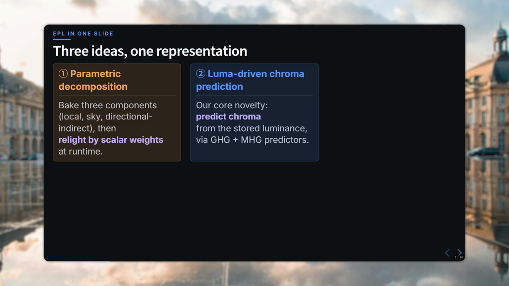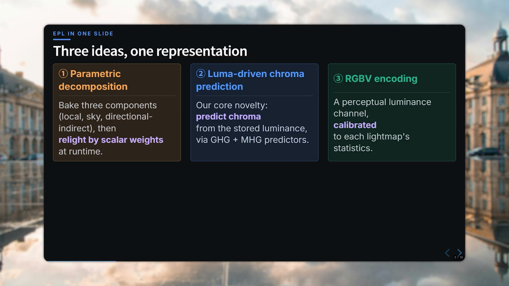Now the second idea, and this is really the core novelty here, is luminance-driven chroma prediction. Instead of storing the color, we predict it from the luminance we already have, and we do that with two predictors, GHG and MHG. And the third idea is an RGBV encoding.